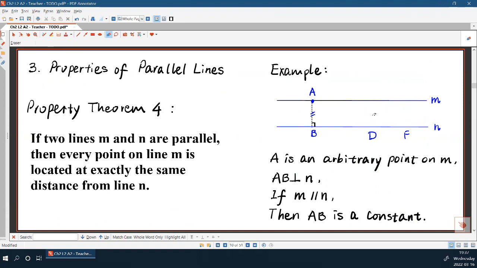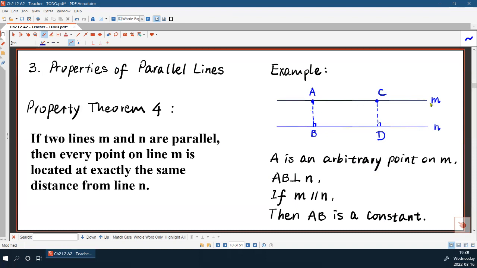This property states that if two lines are parallel, and we choose an arbitrary point A on line M and find the distance between this point and line N, this distance must be a constant. How can we illustrate this? We can choose two arbitrary different points, A and C, and find their distances to line N. Let's call the feet B and D.